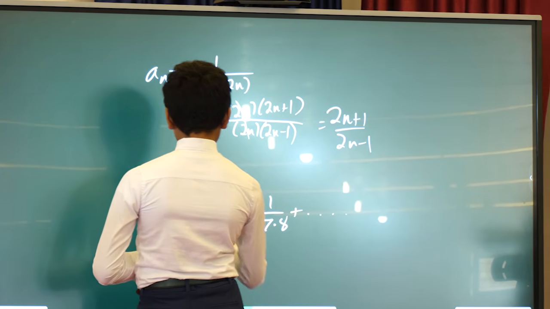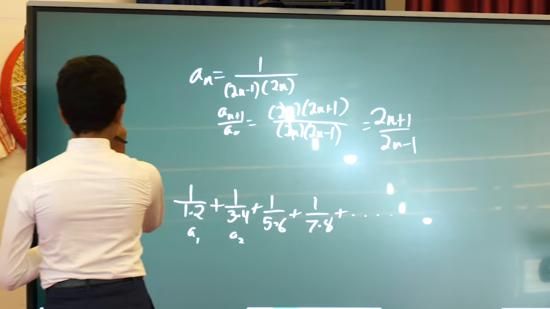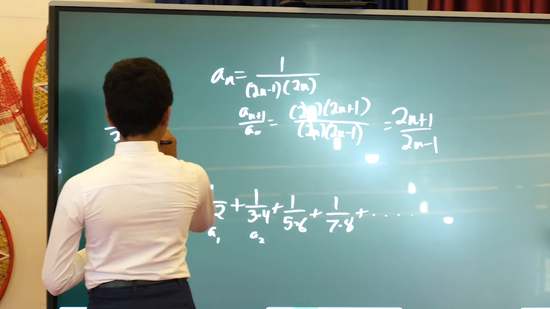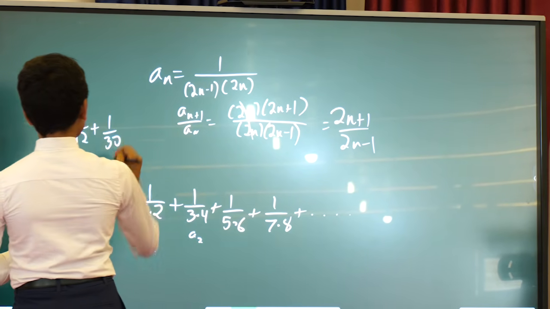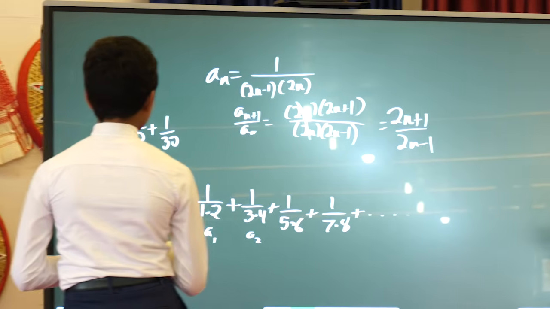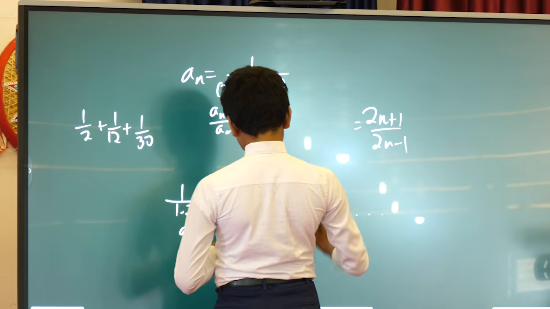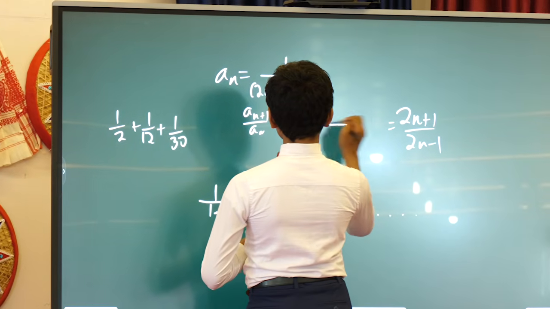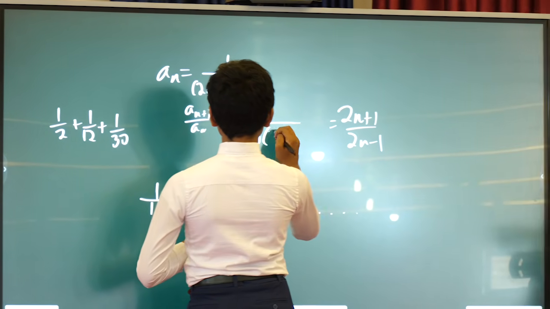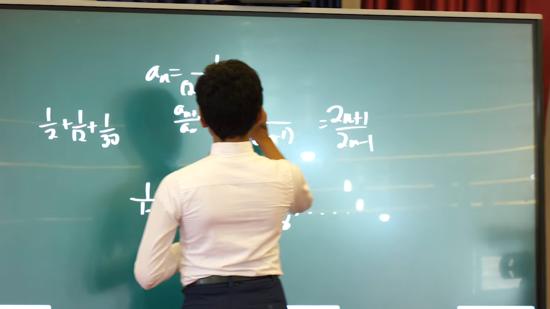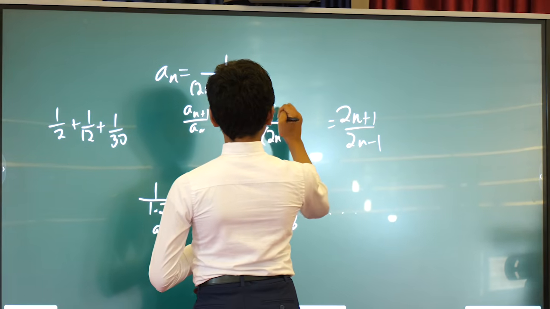So let's see. We have 1 over 2 plus 1 over 12 plus 1 over 30, and so on and so forth. And so, oh crap, I'm dumb. Very clearly. Okay, so this is going to be 2n times 2n minus 1 times 2n plus 2, 2n plus 1.